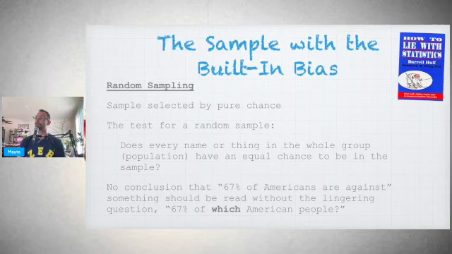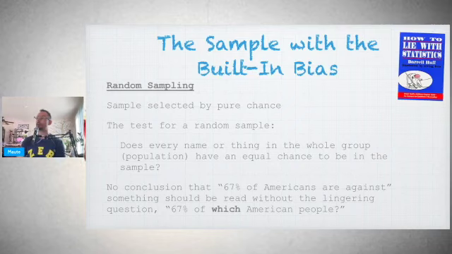Now, if you're not doing a random sample, then, like I said, you don't know whose opinions are being represented by a survey result, right? Does every name or thing in the whole group have an equal chance to be chosen in the sample? If not, then you should really think about it.